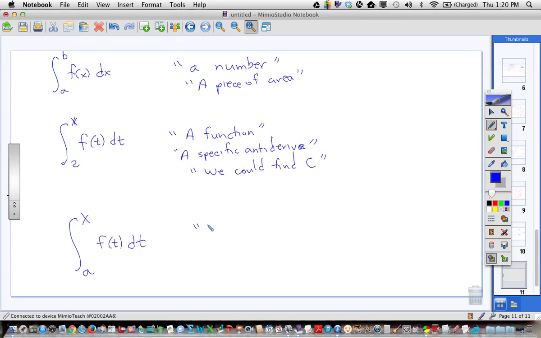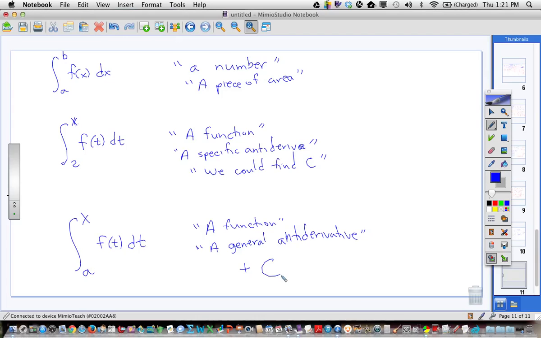So this would also be a function. It would be what we call a general antiderivative. And it would have a plus c on it. We could not find the c.